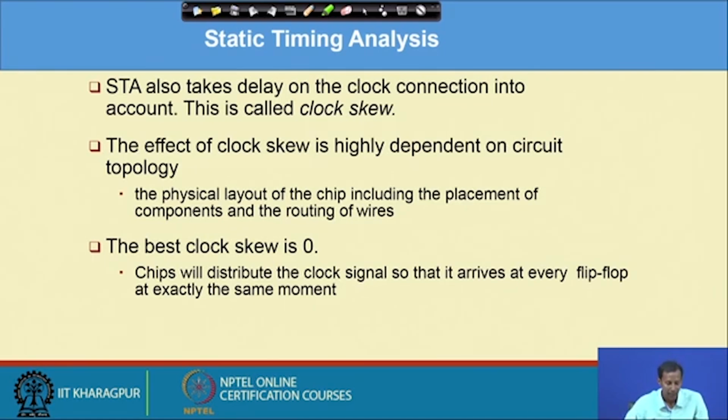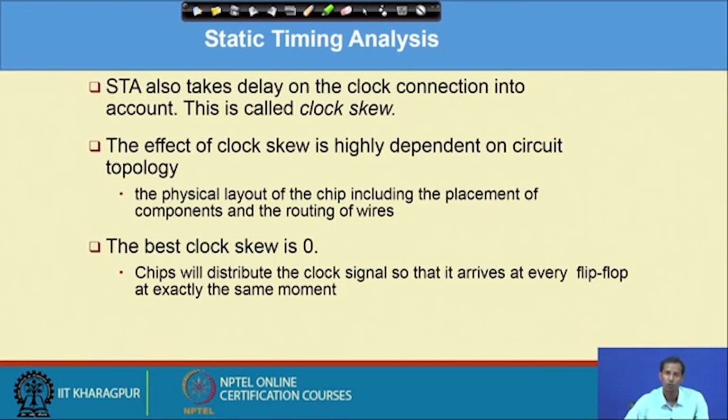Okay. But as I said, skew is sometimes better, sometimes it is the worst case condition for our circuit design. But in the ideal case, if we consider this clock skew is 0, that means each of the sequential elements has been connected to the clock in a uniformly distributed network.